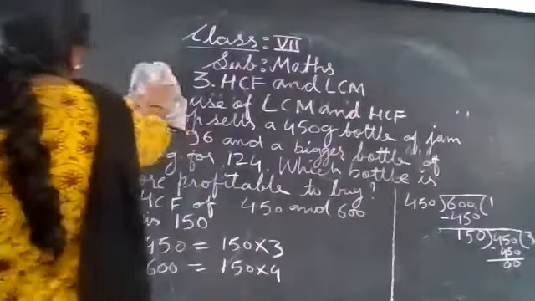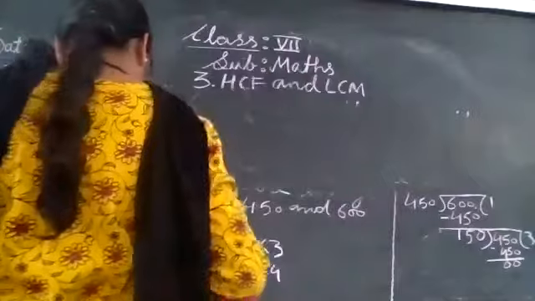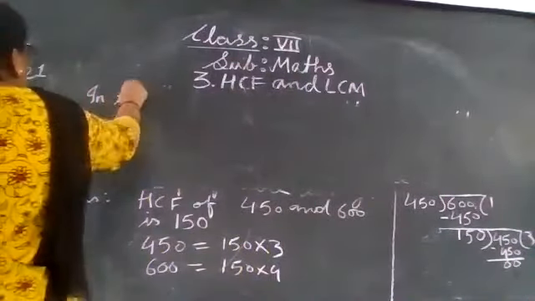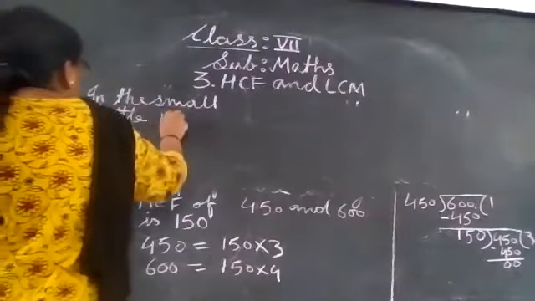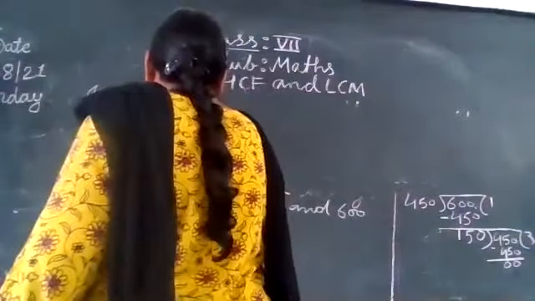So I'm writing this question. So in the small bottle, 150 gram cost, what is the cost of 150 here? 150 divided by 3.